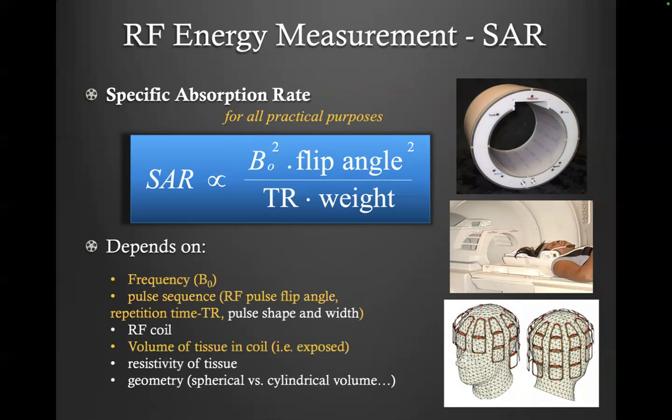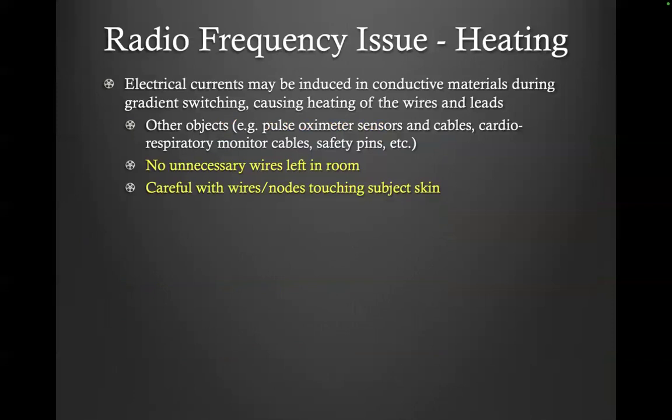I put this equation here not for you to remember, but to know that it's related to the main magnetic field. So 3 Tesla is going to have more SAR, or heating issues, than a 1.5 Tesla scanner. It also depends on your pulse sequences, how much flip angle, your repetition time, and imaging parameters.